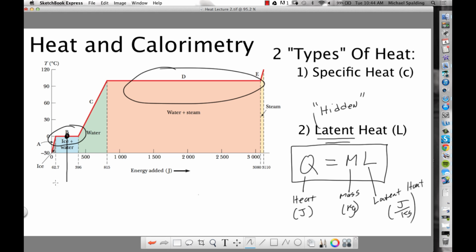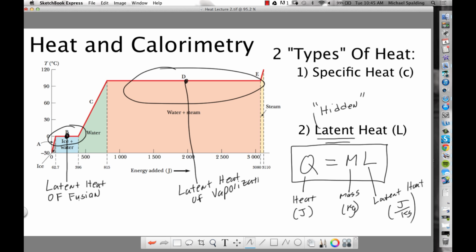Right here, this region is referred to as the latent heat of fusion. That's the term for melting. And then up here, this is referred to as latent heat of vaporization.